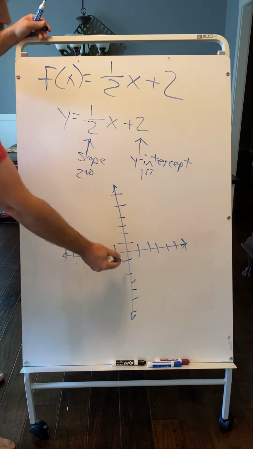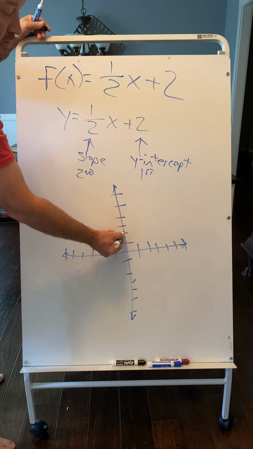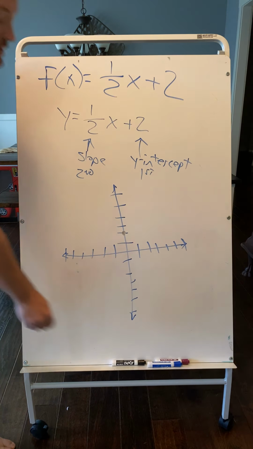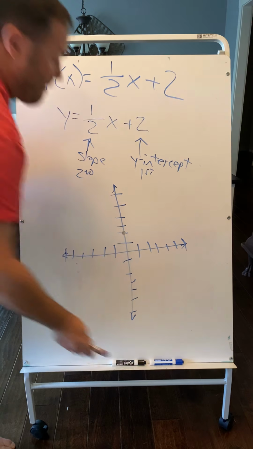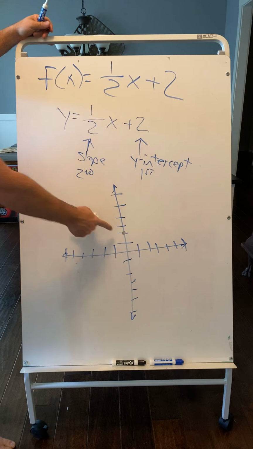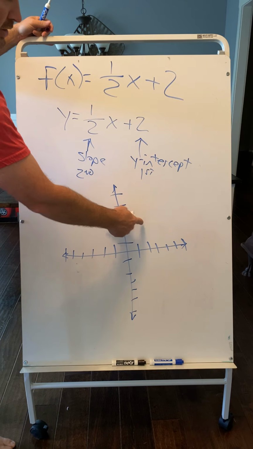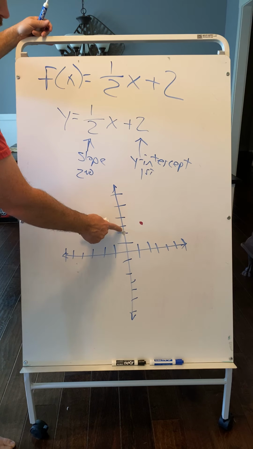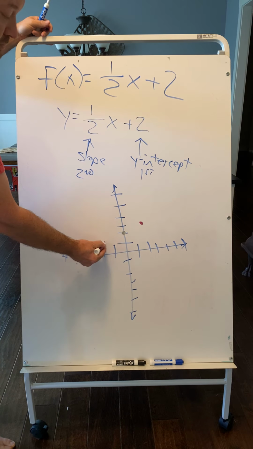So plus 2, I go up to, put a dot. Now that I put my dot, I do my slope, which is 1/2. So that's the rise over the run. So rise 1, run 2. So go up 1, go over 2. Remember, you can also go down 1 and left 2.